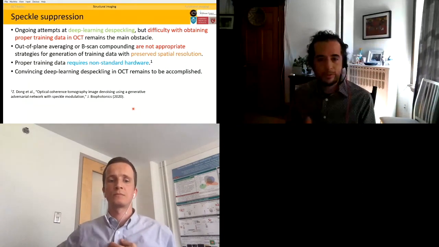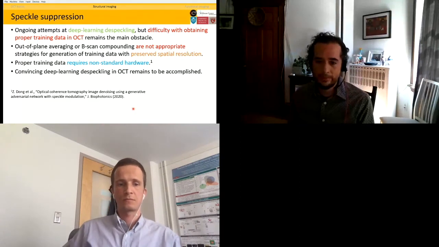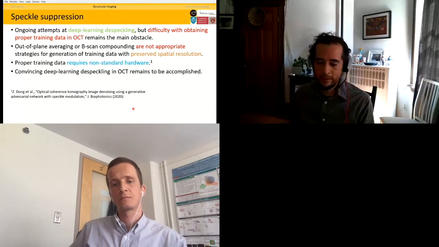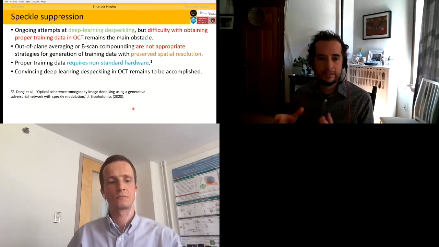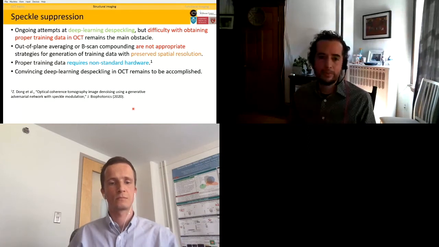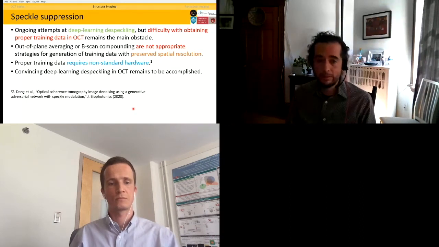If we want to acquire proper training data, we need to have non-standard hardware. We're only aware of a single publication in which they use training data that aims at preserving the spatial resolution of the process. But even in this case, I'd still say that convincing despeckling using deep learning remains to be accomplished, and it's definitely a big opportunity for advanced machine learning architectures.